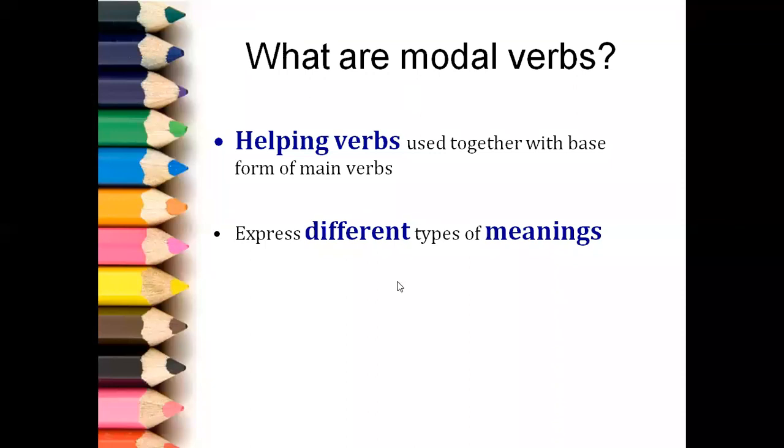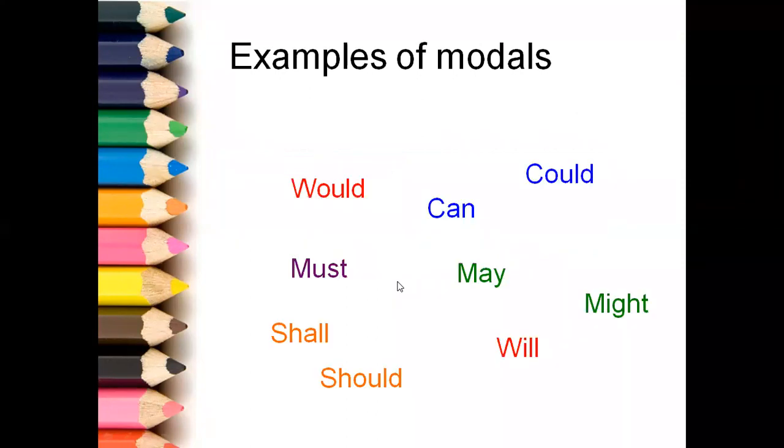Before I start, let me give you some examples of modal verbs in English. These are the modal verbs that we use: can, could, will, would, may, might, must, shall, should. These are the examples of modal verbs, which are used in English to express different types of meanings.